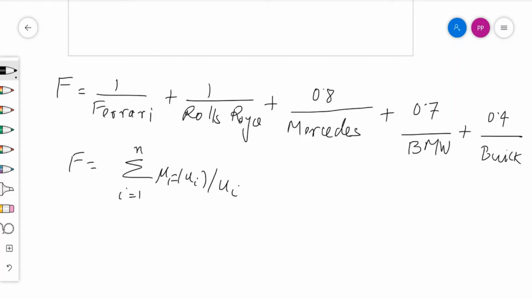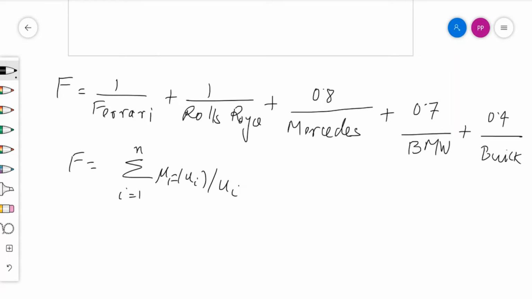In case we have a continuous set, that is a set of infinite number of elements, for example elements starting from 0 up to 6 with all the real numbers in between, such a set will be a continuous set, a set of uncountable number of elements.